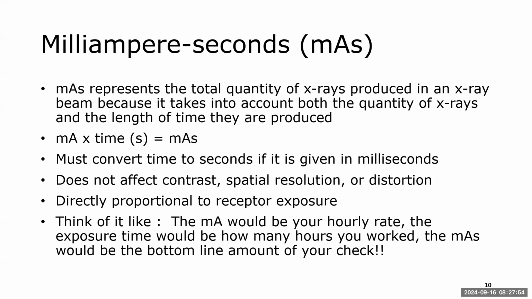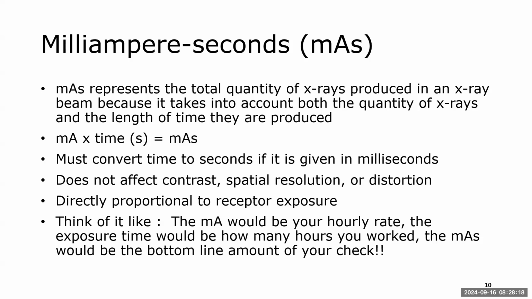So do you understand now why we want to use mAs to control receptor exposure? Why is that? Because it doesn't affect the other three big quality factors that we talk about. It only affects receptor exposure.